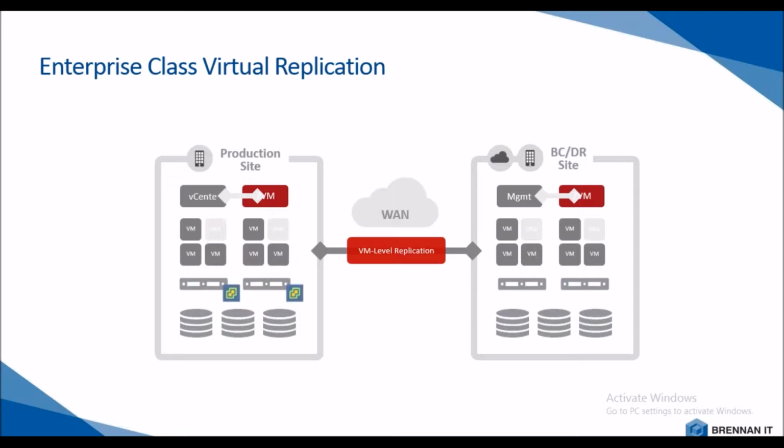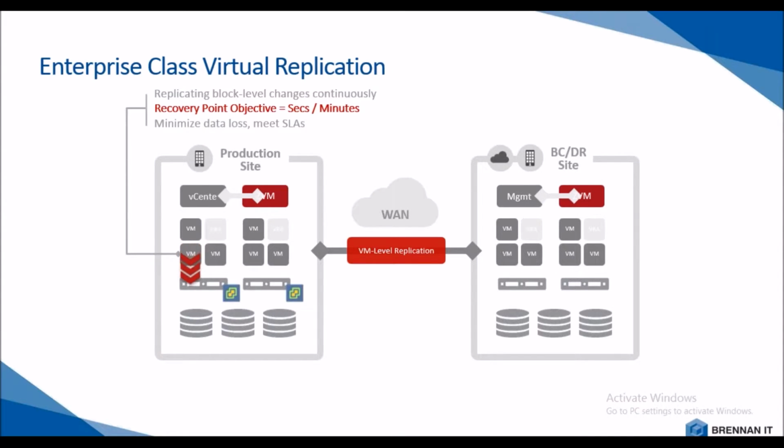So let's go into that a little bit further. This slide is titled Enterprise Class Virtual Replication, because Zerto really brings a lot more to the game than traditional replication technology. So where it starts is at the hypervisor level, continuously replicating block level changes.